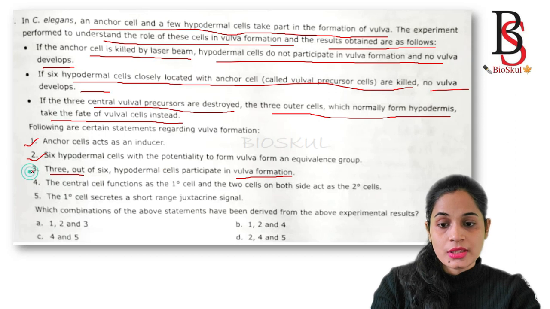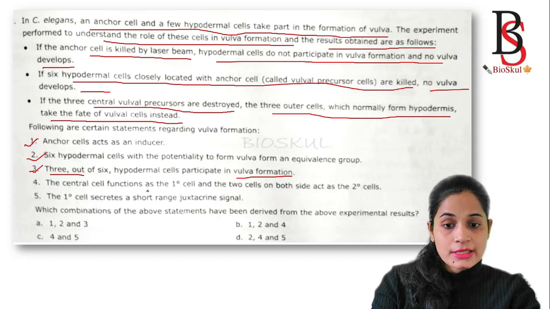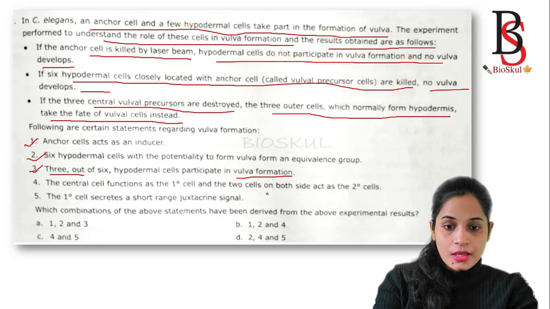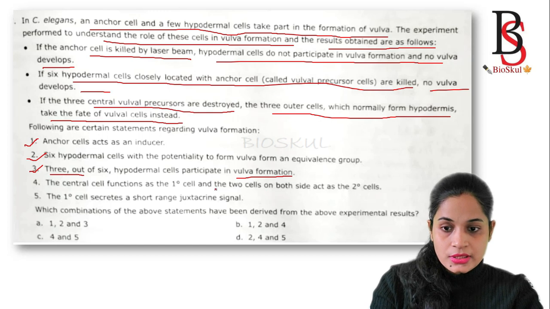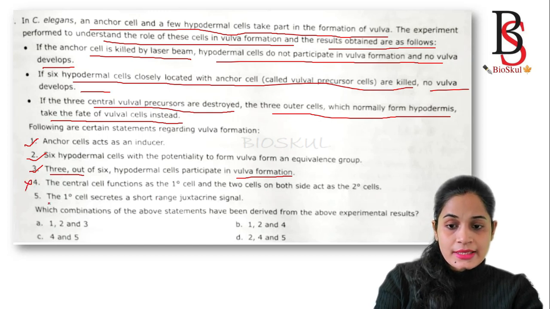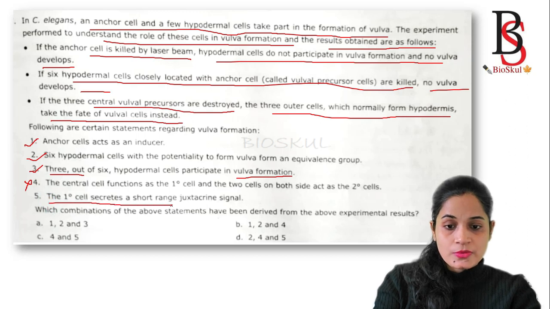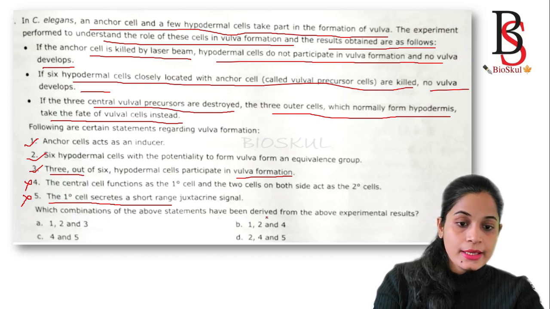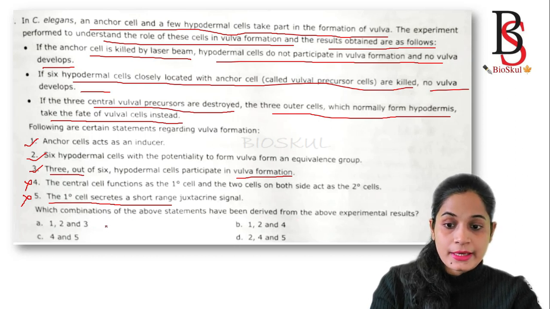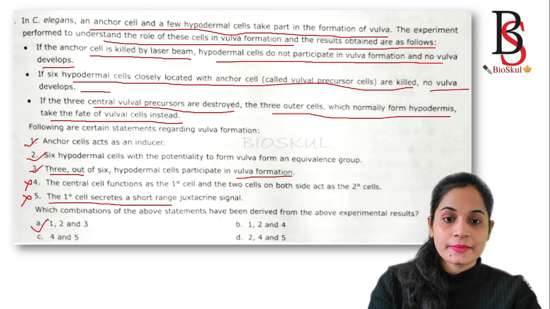This one is also correct. The central cell functions as a primary cell, and the 2 cells on both sides act as lateral vulva cells. So this one is not correct, wrong. The primary cell secretes the short range juxtacrine signal, no. Which combination of the above statements has been derived from the above experimental results? That is 1, 2, 3. That is option A is the correct answer.